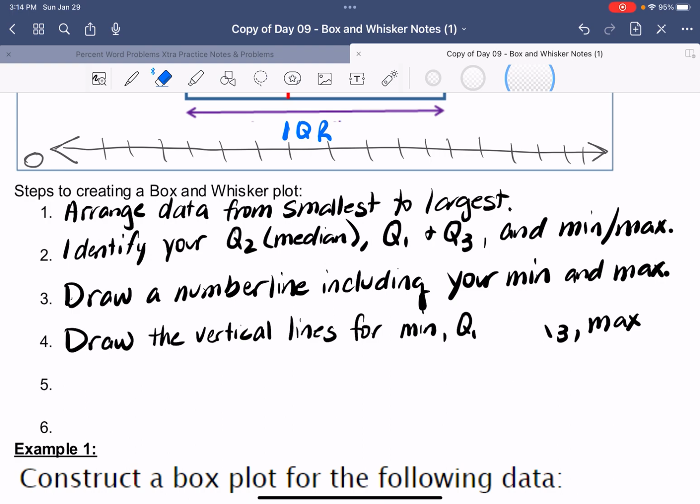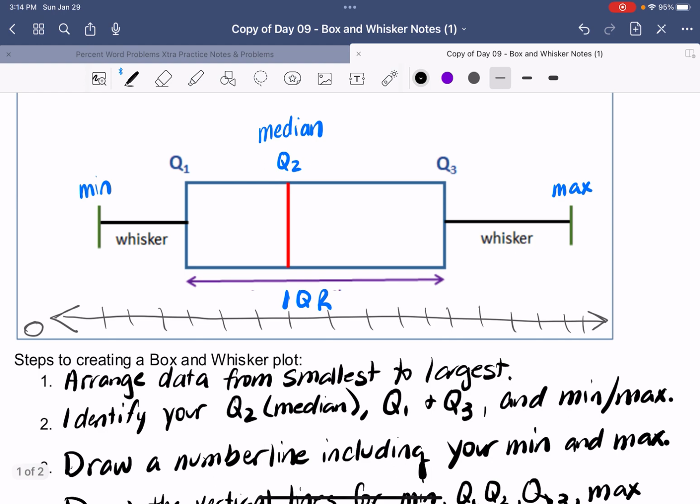I'm going to rewrite that: Q2, Q3 and your max. Once you've done that, we'll do lots of examples. You're going to draw your line for min, your Q1, your Q2, your Q3, and your max, okay?